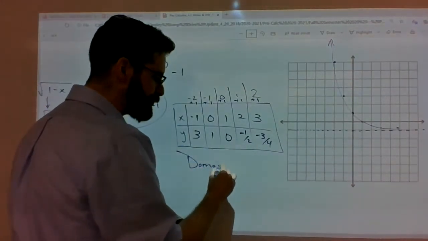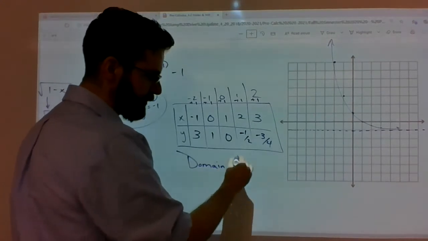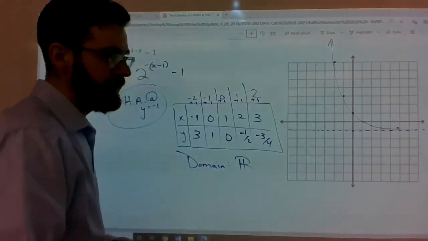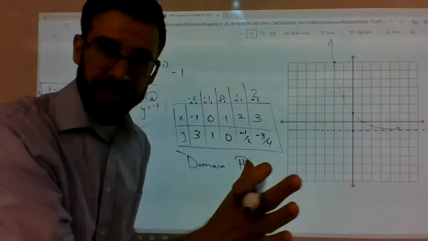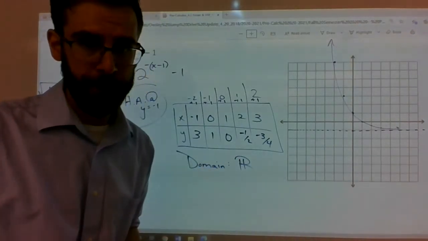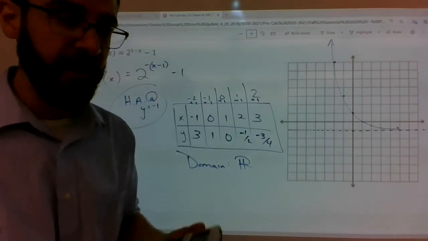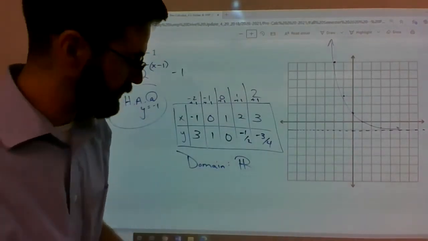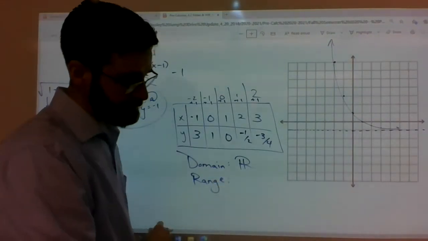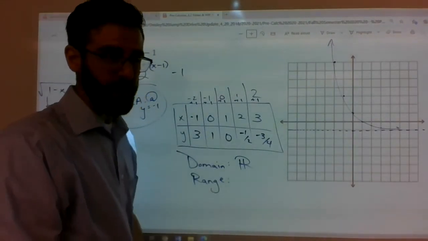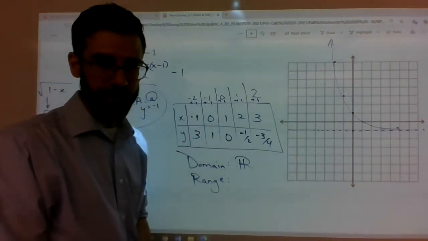I know this is getting super tiresome to say the domain is all real numbers every single time. But I'm just really hammering home that these exponential functions have no x value restrictions to them. No domain restriction to purely exponential functions. However, the range, I don't think we found one case where the range is all real numbers.